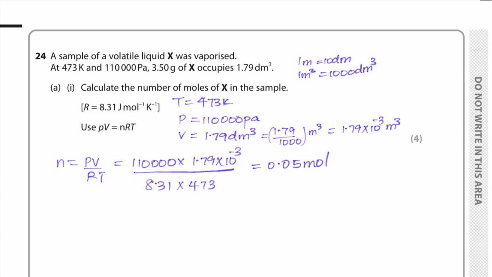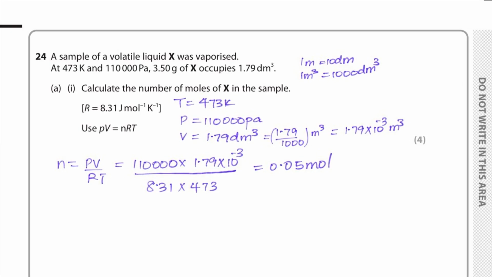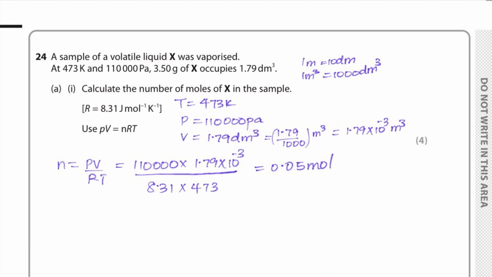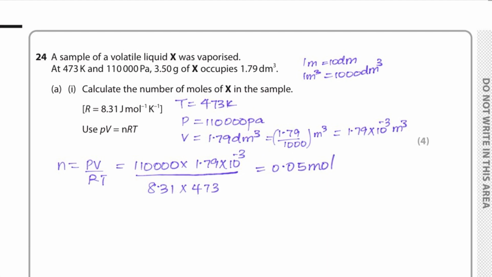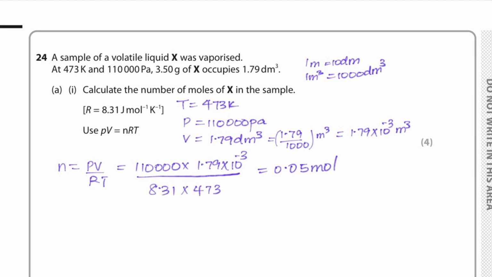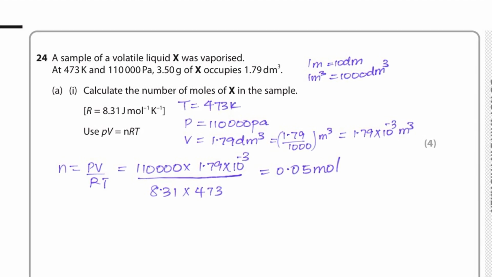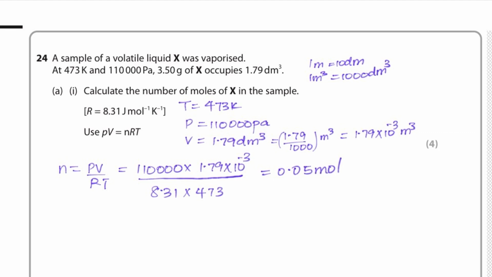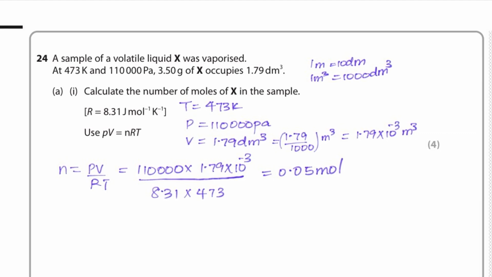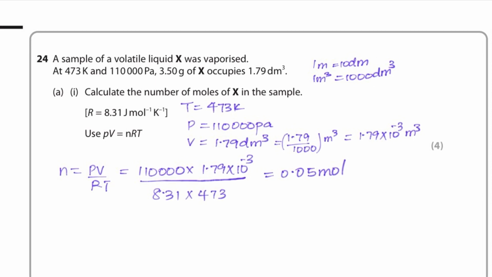Question 24. A sample of a volatile liquid X was vaporized. At 473 Kelvin and 110,000 pascals, 3.50 grams of X occupies 1.79 cubic decimeters. Calculate the number of moles of X. We're using the ideal gas law here. Now always check your units. Pressure is in pascals, already given 110,000 pascals.